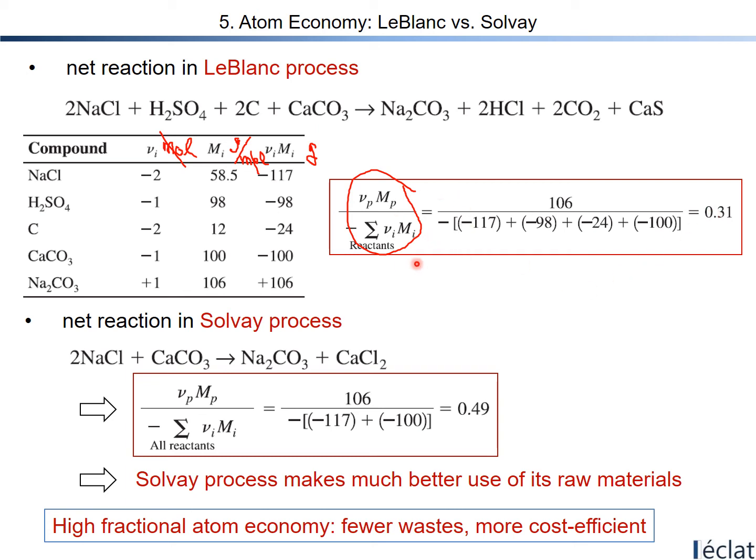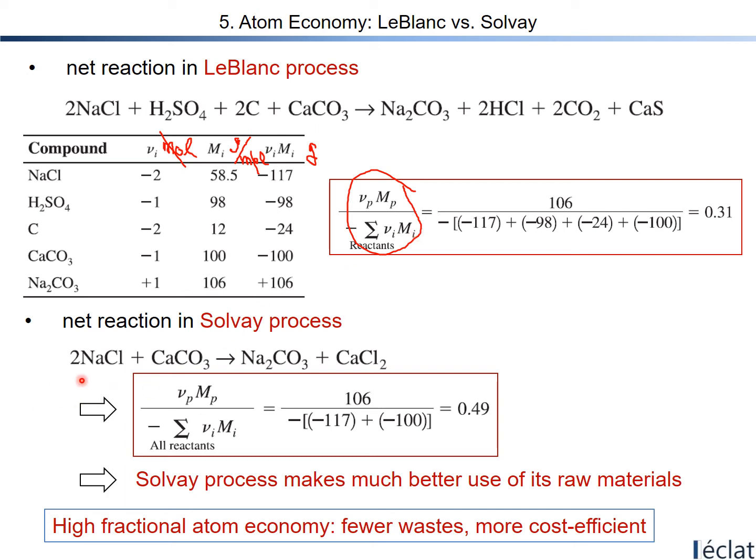It is a kind of inverse version of the RP ratio you have used before, but we should use the mass instead of moles. Okay, for comparison, let's go to the Solvay process here.